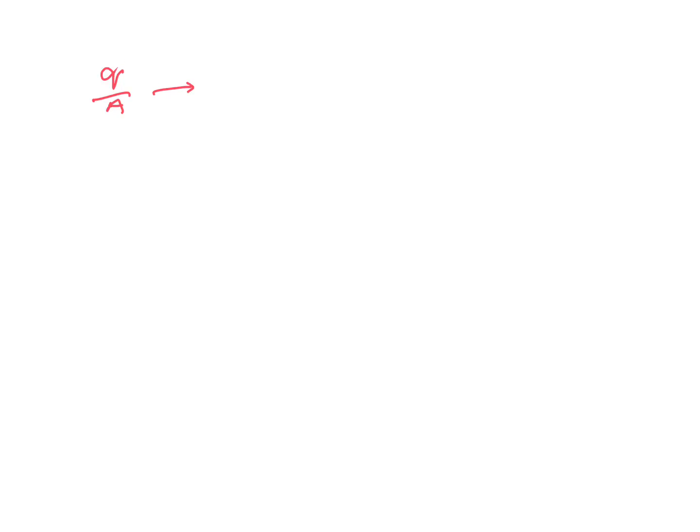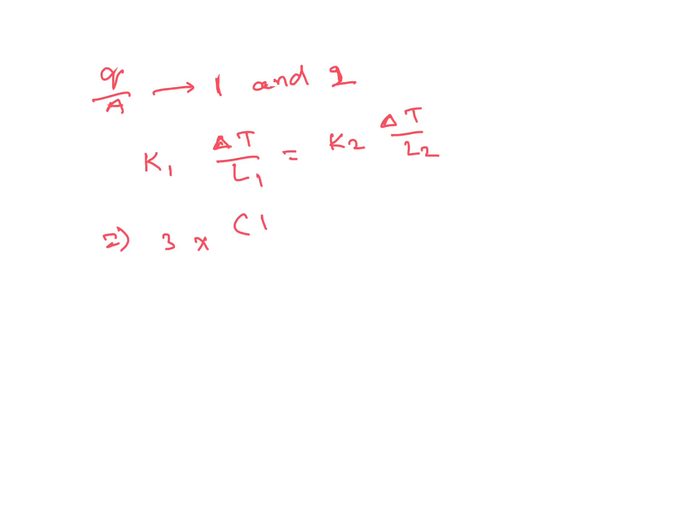So for plate 1 and plate 2, we'll take K1 delta T by L1 equal to K2 delta T by L2. K1 is given as 3, delta T is 1000 minus the interface temperature, divided by 0.3 meter.